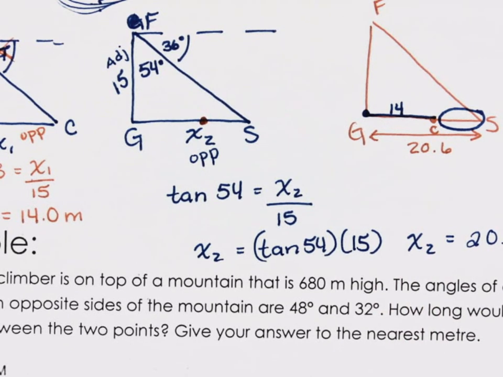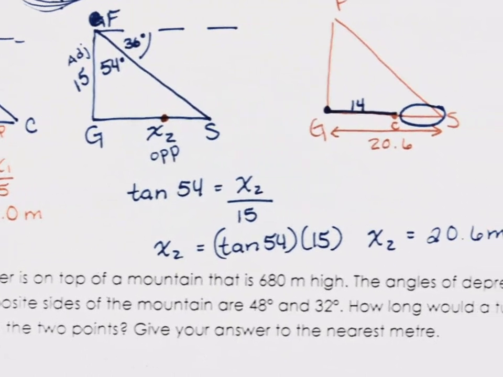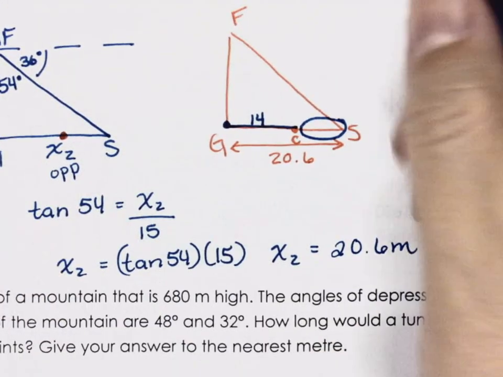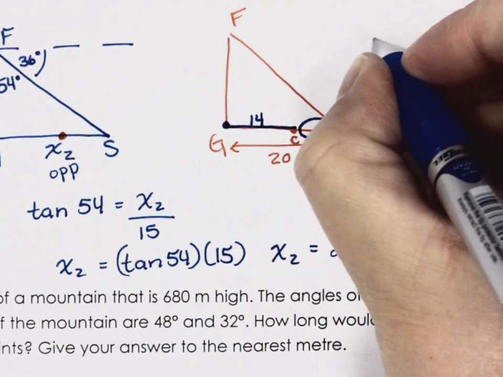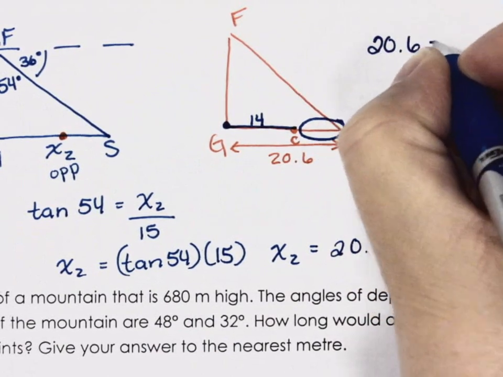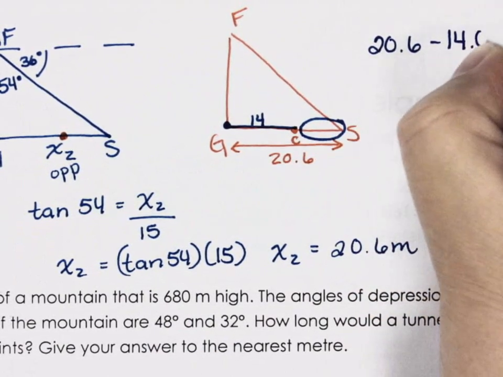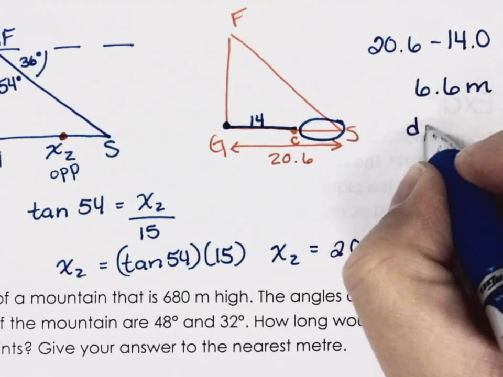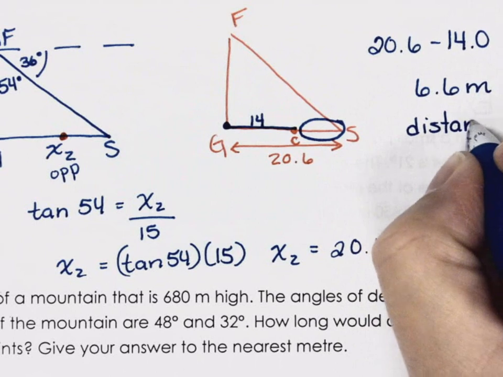You subtract them. 6.6? I would agree. So the distance between the chipmunk and the squirrel is going to be 20.6 subtract the 14.0, so that gives us 6.6 meters is the distance between the chipmunk and the squirrel.